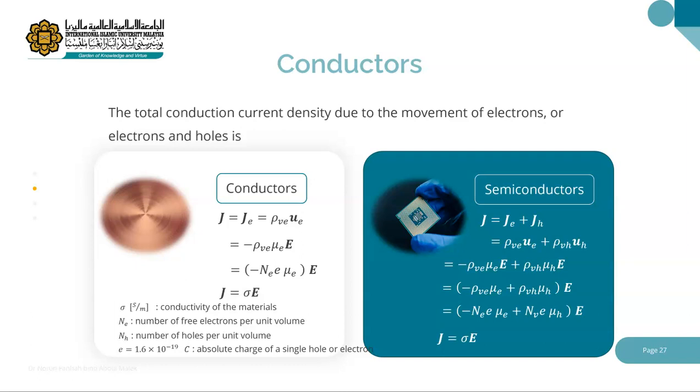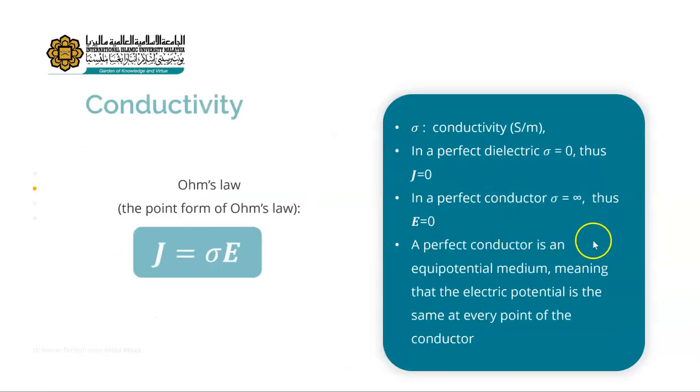In the end, the total conduction current density J is equal to the conductivity of the material, in Siemens per meter, times the electric field, for both conductors and semiconductors. Sigma here is the conductivity in Siemens per meter.